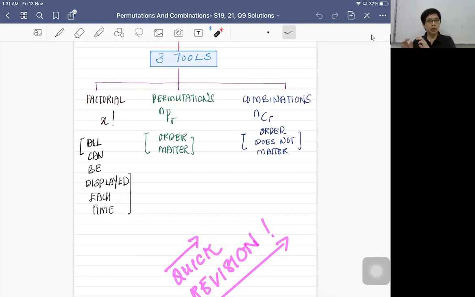Factorial is uniquely different from the other two because, each time you make a certain type of arrangement, no matter what number of choices you are given, you have the liberty to display all of them at one time. All can be displayed each time, and you have no limitation, neither are you restricted.